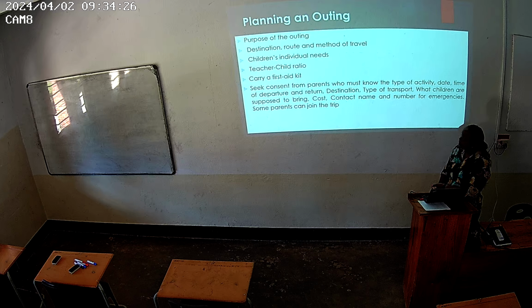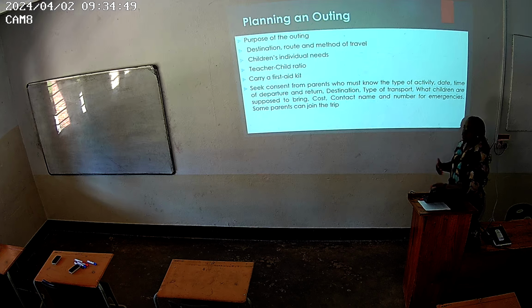Those are some of the things that will make the parents comfortable, alright? If you are planning, we are going to this particular site, and we'll use this route and this method of travel. We will travel using the school bus, so the parents can be okay at least.